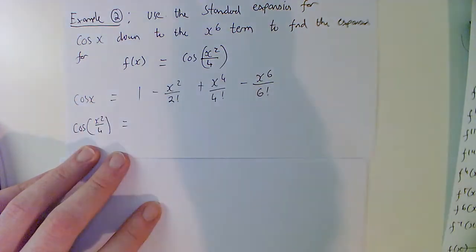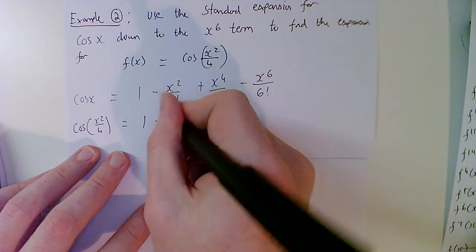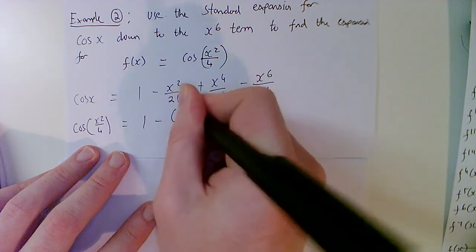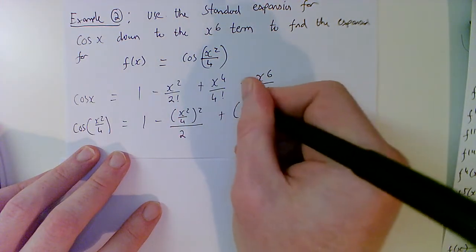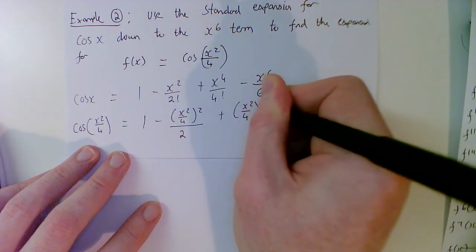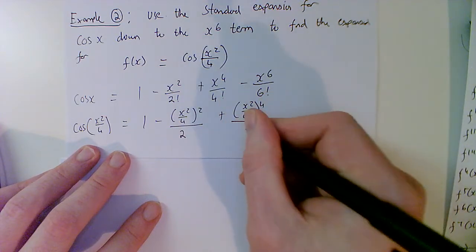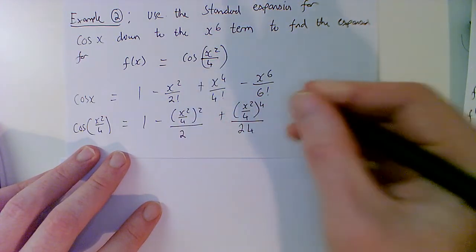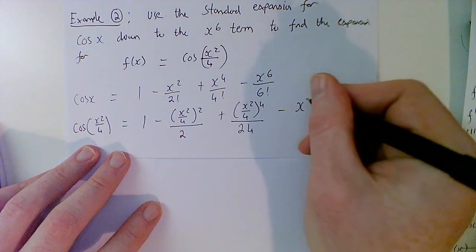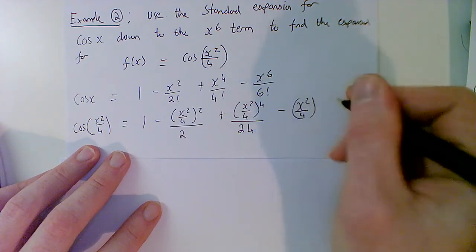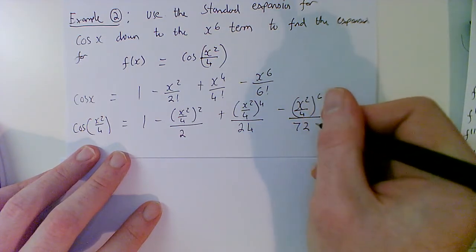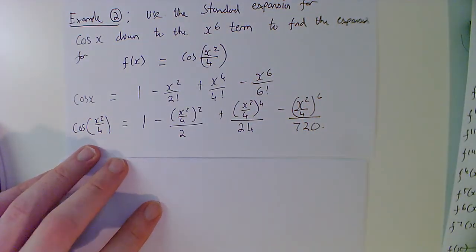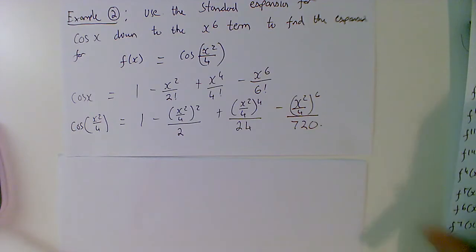So what we're doing is we replace every single x with x squared over 4. Four factorial is 24. 720. Like that.